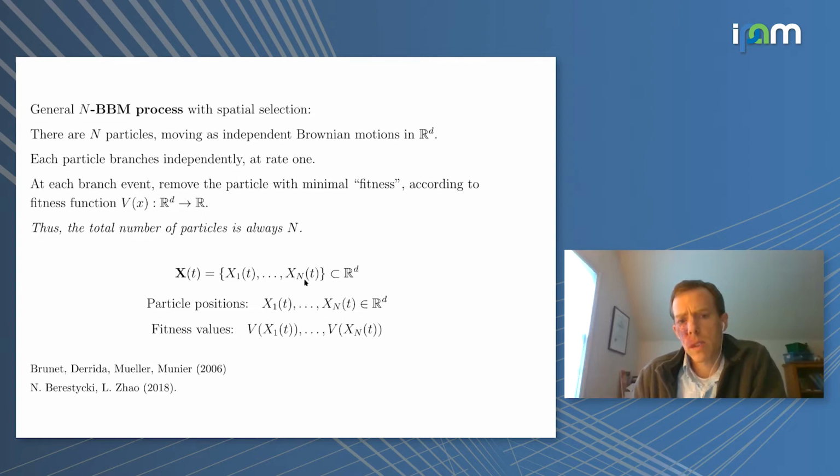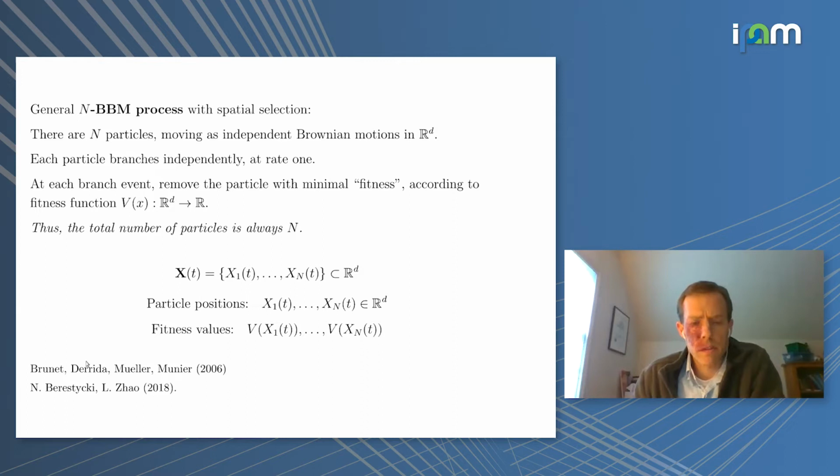So x_1 to x_N, these are the particle positions in R^d. And the fitness of a particle is just V of x. So at the branching event, we remove the particle which has smallest value of V. You could think of this as a spatial Moran type model.